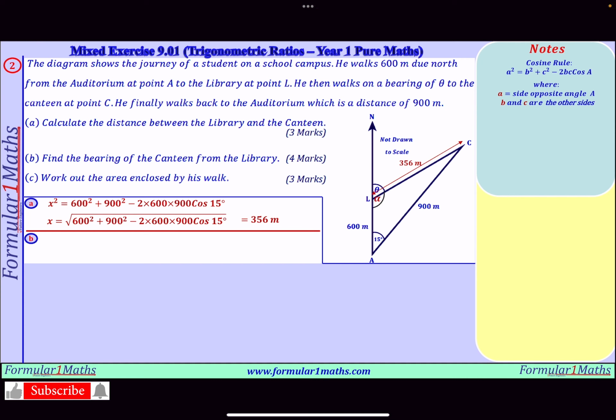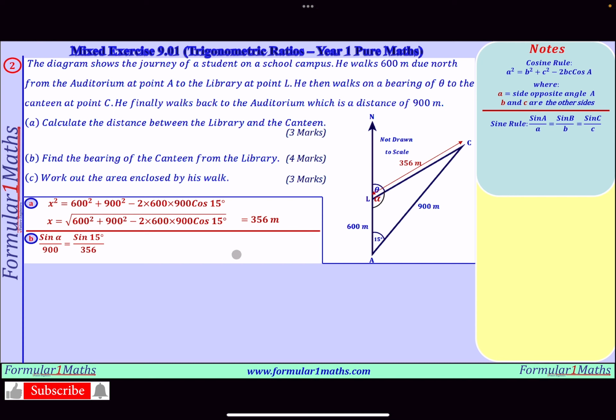Then I can use yet another rule, this time the sine rule, which states that sine A over side a is equal to sine B over side b. If I do my appropriate substitution, I'm going to get sine alpha over 900, because 900 faces angle alpha, equals sine 15 over the side opposite, 356.